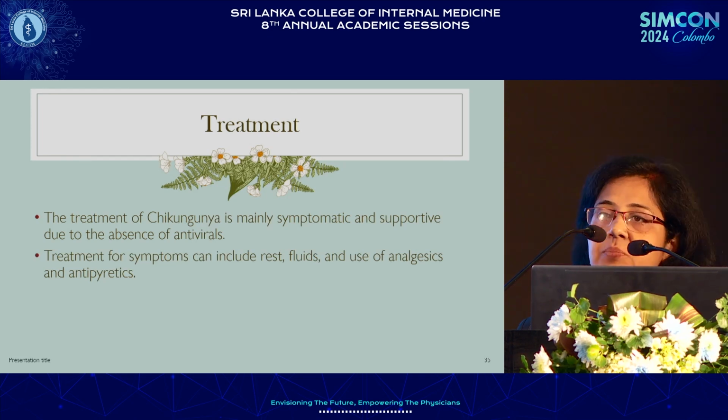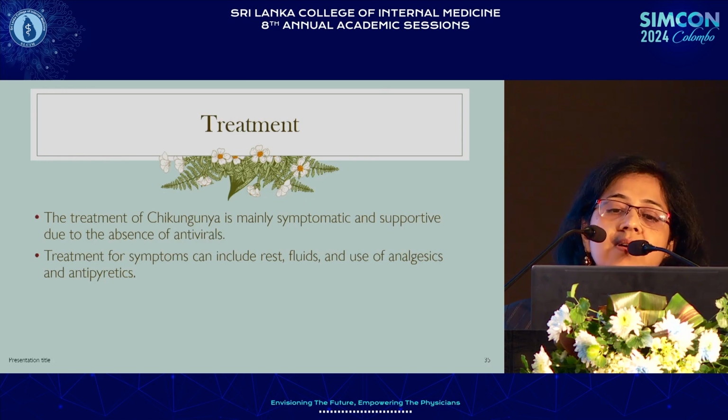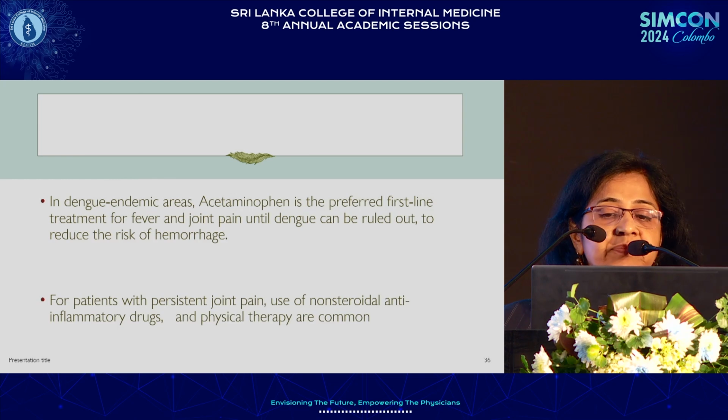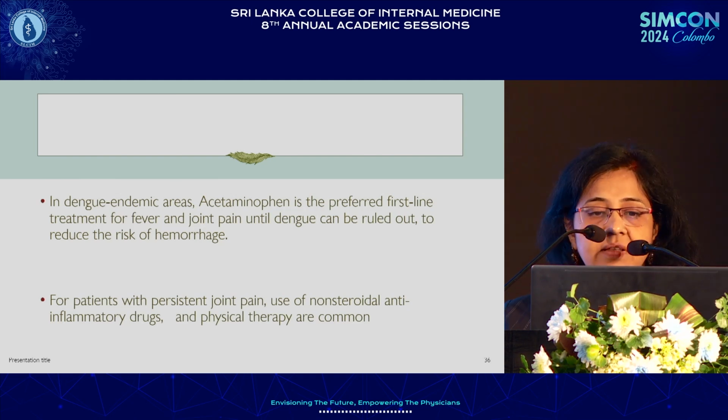When acutely presenting, your treatment will basically be symptomatic and supportive. You give rest, fluids, analgesics, and in dengue endemic areas, we know we'll go for acetaminophen as the first line. However, if your patient is having persistent joint pain, then the treatment regimen is slightly different.